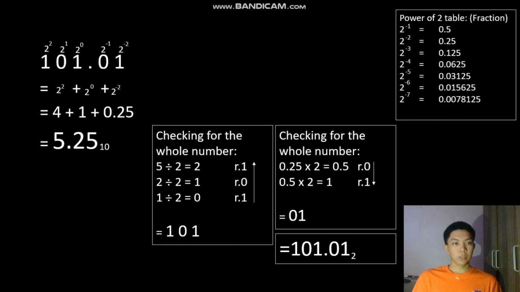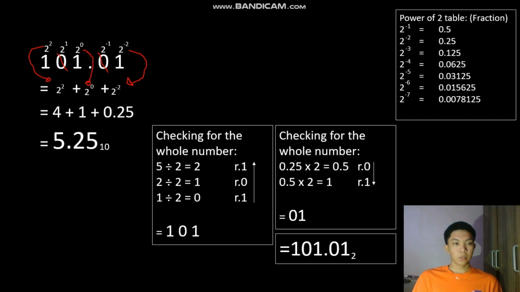Since we have this, we cancel this, so we only get 2 and 0. And for the decimal, guys, we also cancel that 0 since it is an off state, so we only get this 2 raised to the power of negative 2.